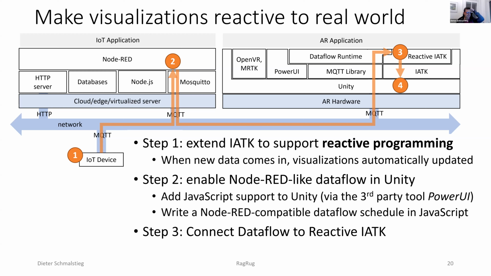And then the third step is the connection, which is basically the tip of the arrow going into the bubble number 3 here. You have to connect the data flow to reactive IATK. And now the whole pipeline from 1 to 2 to 3 to 4 can all be expressed with a uniform Node-RED-like data flow.